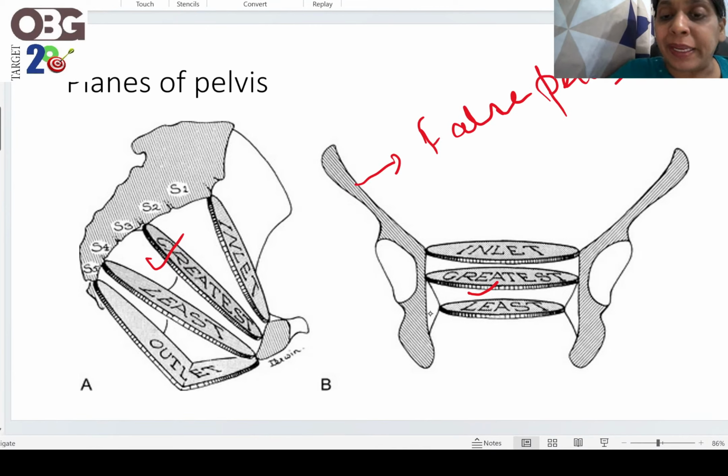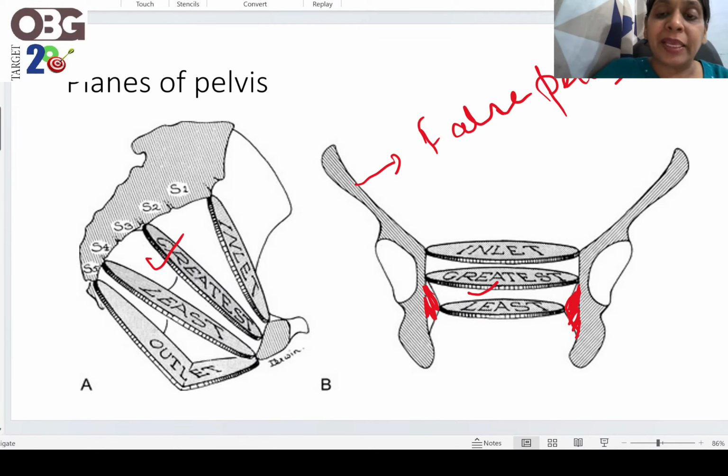And the second plane is the plane of the least dimension, because these protuberances, these elevations, are nothing but the ischial spine. That makes the dimension of this plane the least.